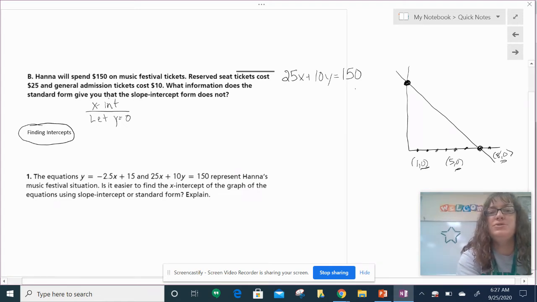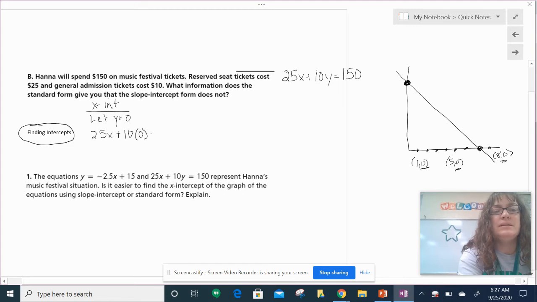So what I'm going to do in my equation is replace the y with a 0. So I get 25x plus 10, oh, there's my y, so I'm replacing it with a 0, is equal to 150. Now 10 times 0, that's just a 0.